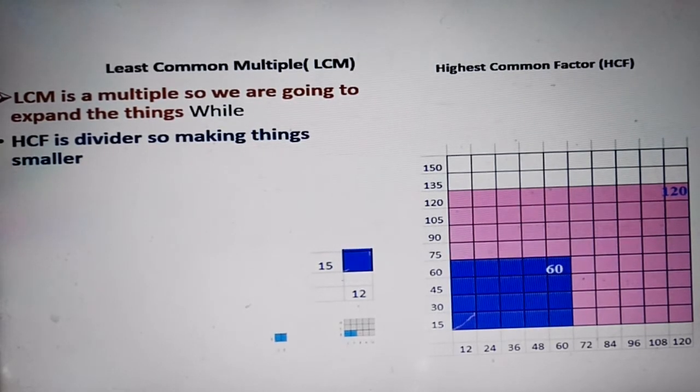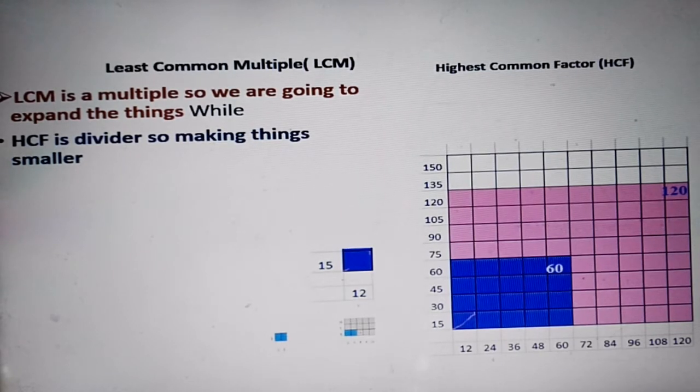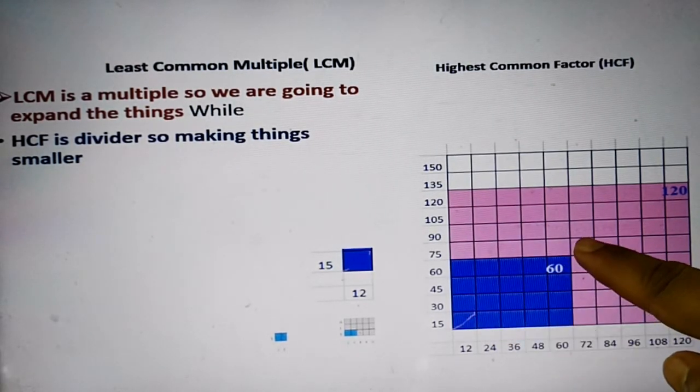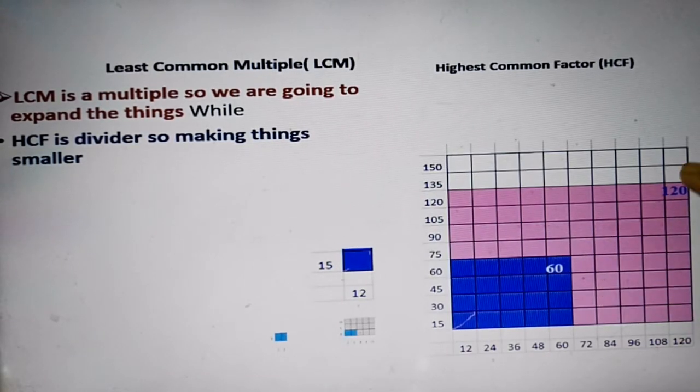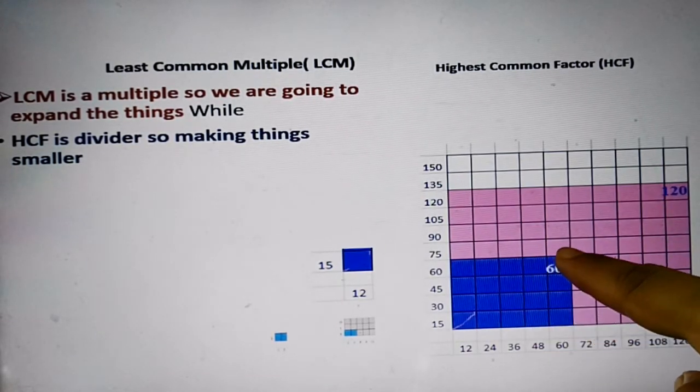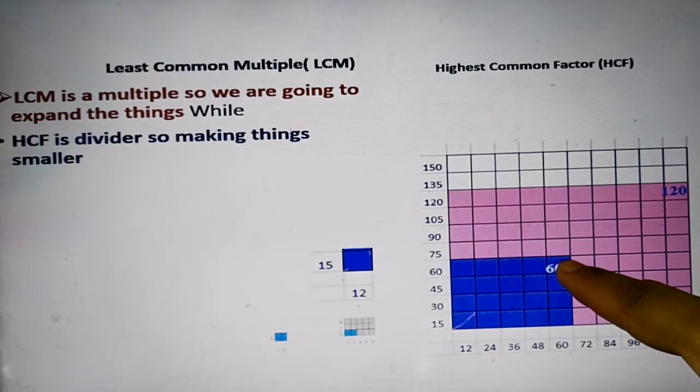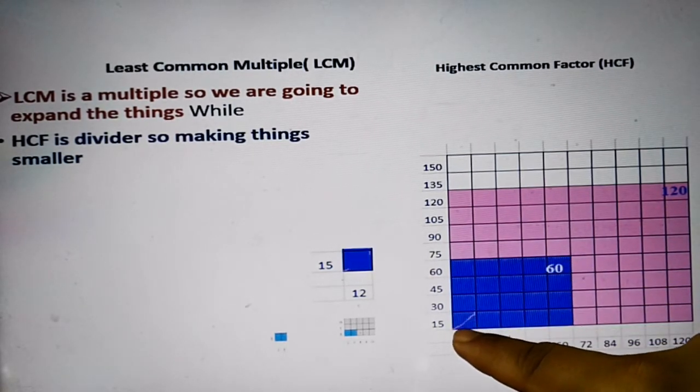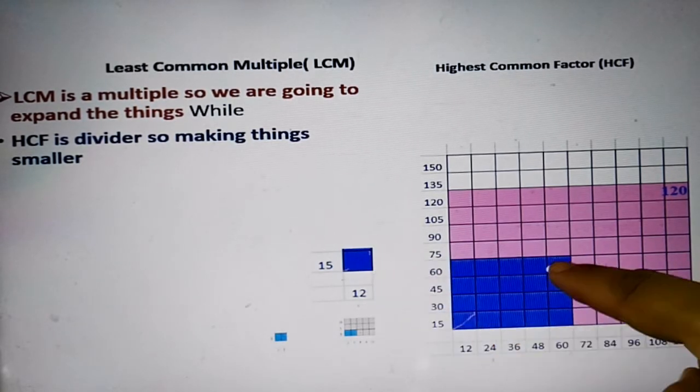Actually by name it seems that the least common multiple is a smaller thing, because of the word least we got confused, and by the words highest common factor we got confused that this is a very large or higher thing. But this is not the case, because each time you find multiples they go on increasing, so the first multiple is the least multiple, but it is very much higher than the given two numbers.